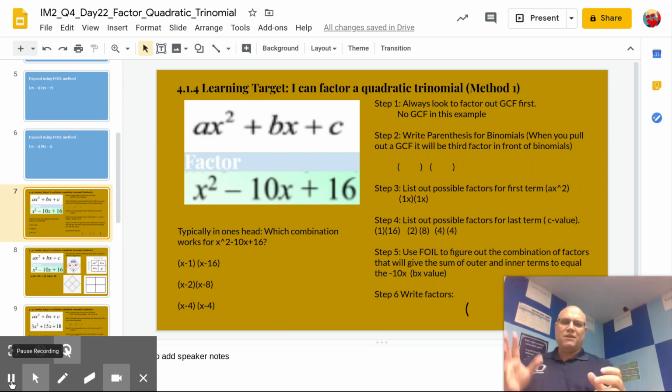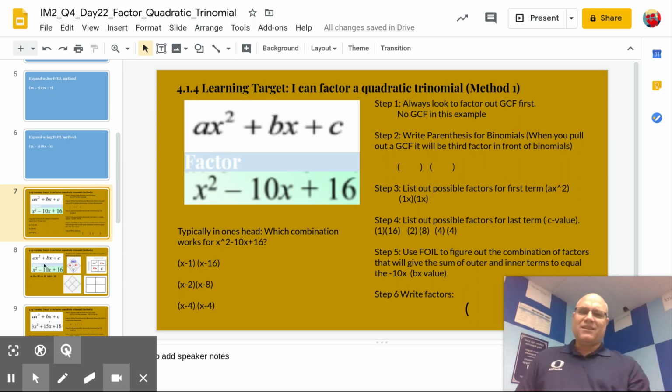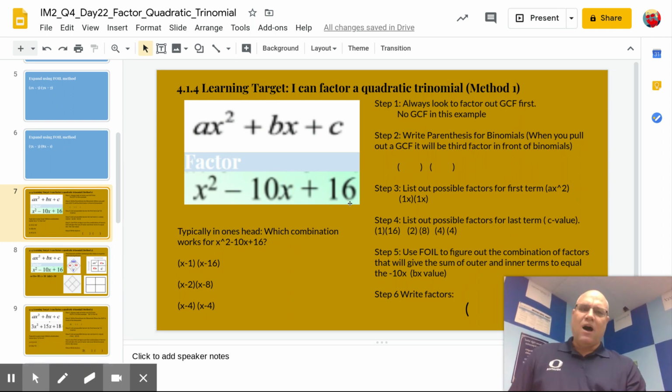So there's going to be different combinations. Since the c value is positive, I know both signs have to be the same. So these are going to be both positive or both negative. It could be negative 1, negative 16, negative 2, negative 8, negative 4, and negative 4, which is the way I'm going to go because I know when I add them up, I have to get a negative 10x.